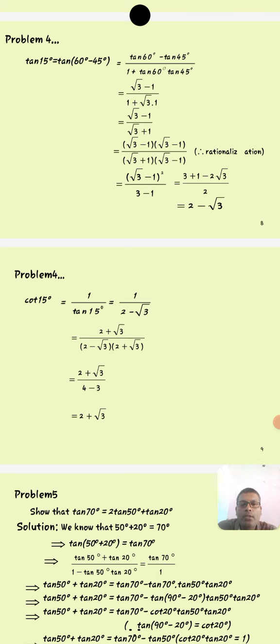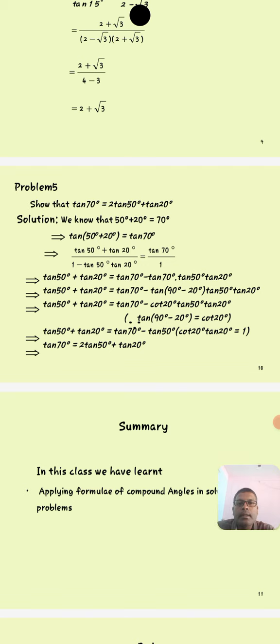Here the problem number 5. Show that tan 70 degrees is equal to tan 50 degrees plus tan 20 degrees. Now we have to find the solution. We know that 50 plus 20 is equal to 70 degrees.